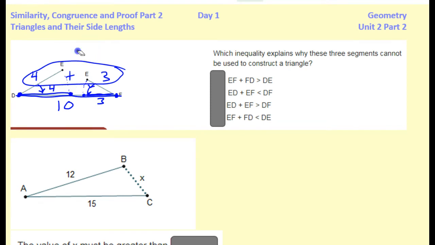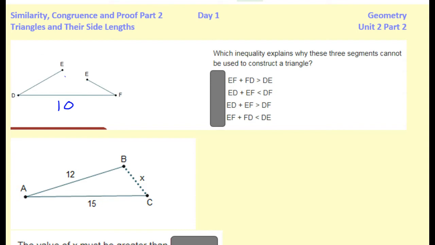Even if I had two numbers that added up to 10, that wouldn't be good enough. It would be no good. Imagine that this was 4 and this was 6. 4 and 6 equal 10, but the only way that they would touch is if I flattened them out.